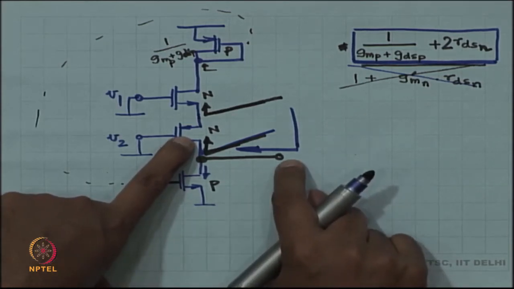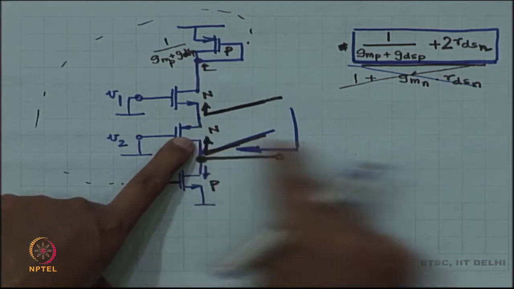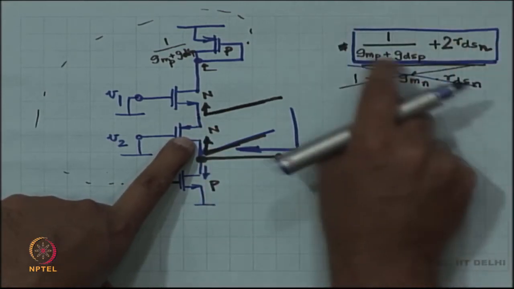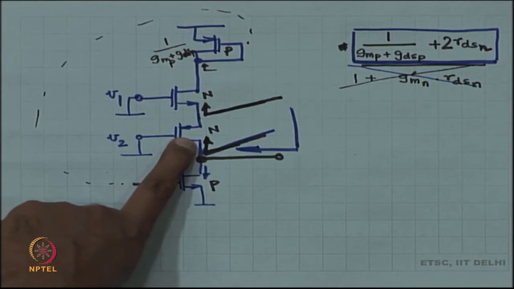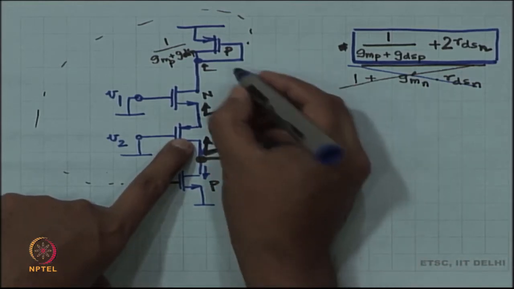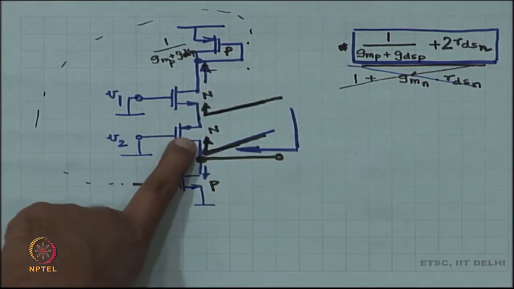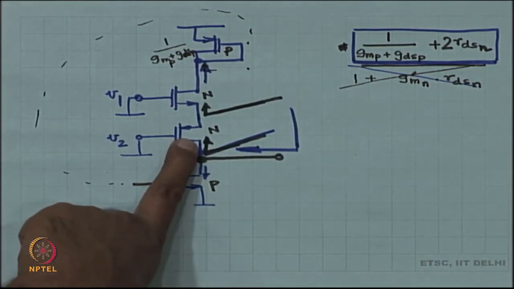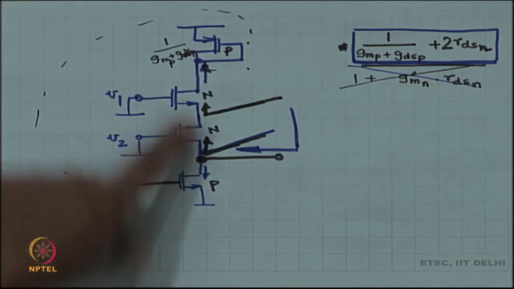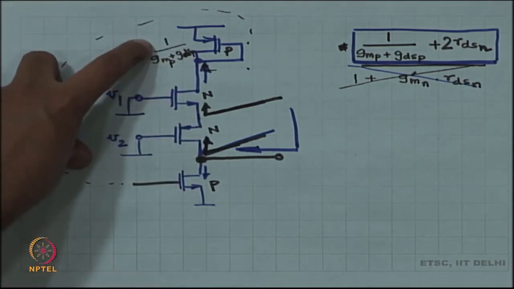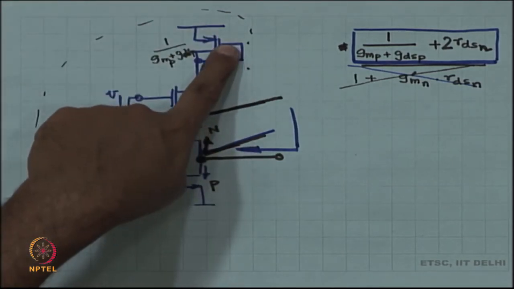So, I apply a voltage V, the current going up is V divided by so much. Now, this current eventually makes its way through this, the same current goes through this, all right, and it is going to create some potential over here.